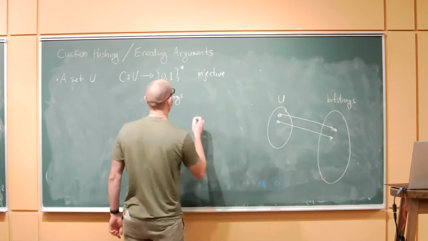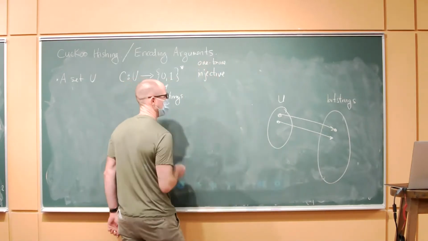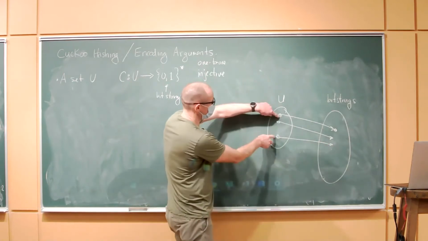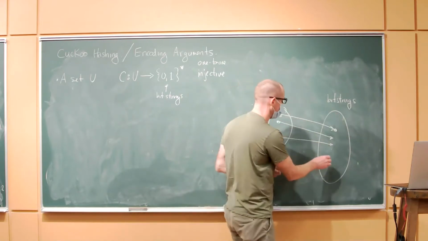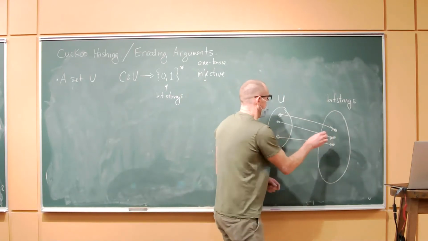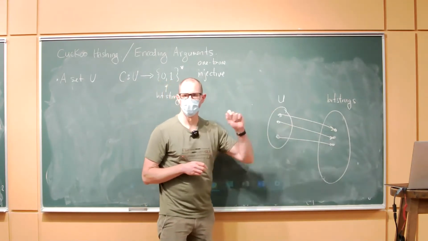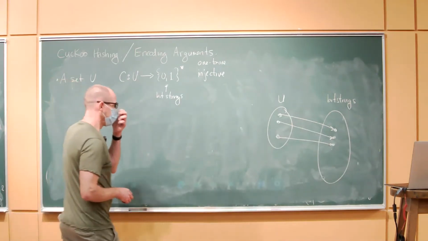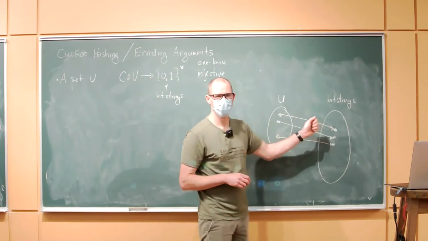And injective, you might have also seen the name one-to-one, just means that if I take two different values in U, they go to two different bit strings. Right? So you can just think of this as a binary encoding for the elements of U. Key point is not every element in U has to have a code that's the same length.